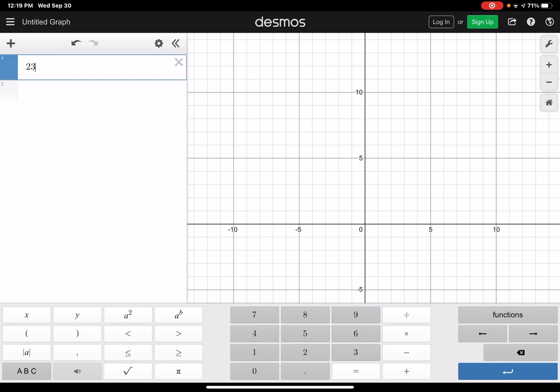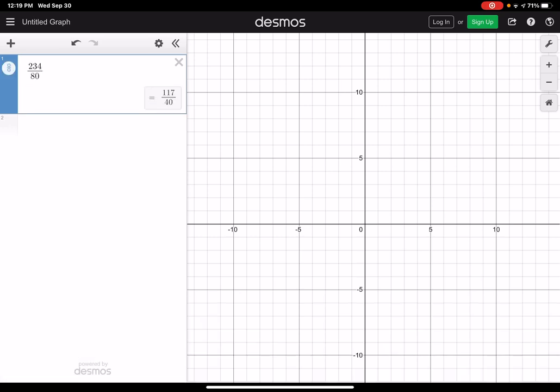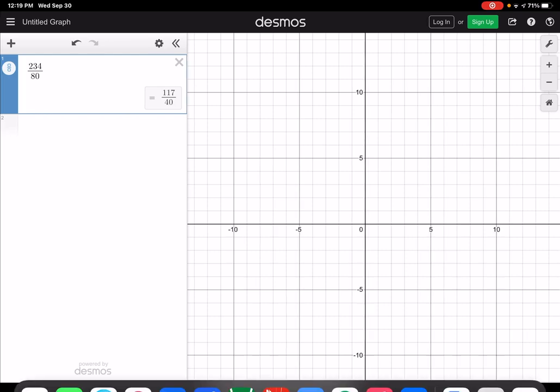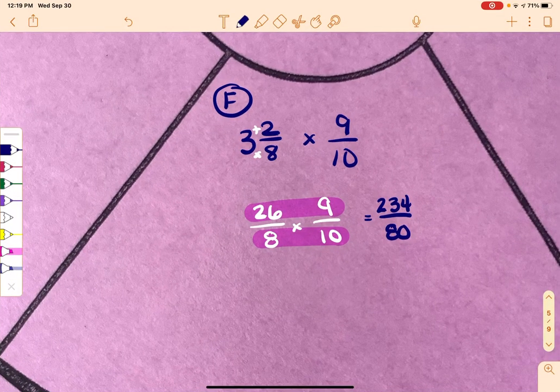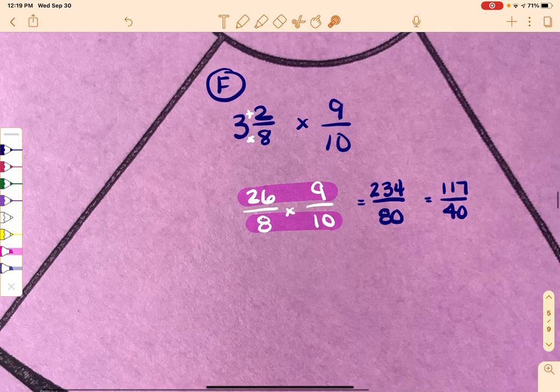So 234 over 80 reduces down to 117 over 40. Now here's the good news. The good news in this one is that I can take it from this and reduce it. Kind of the bad news is the top number is bigger than the bottom. So that means it's got to be a mixed number.